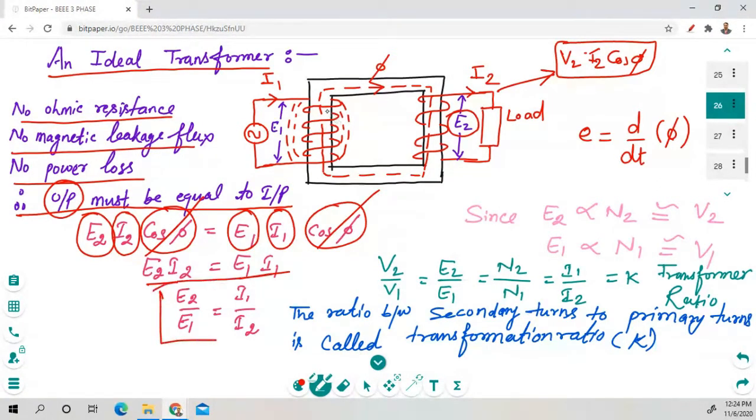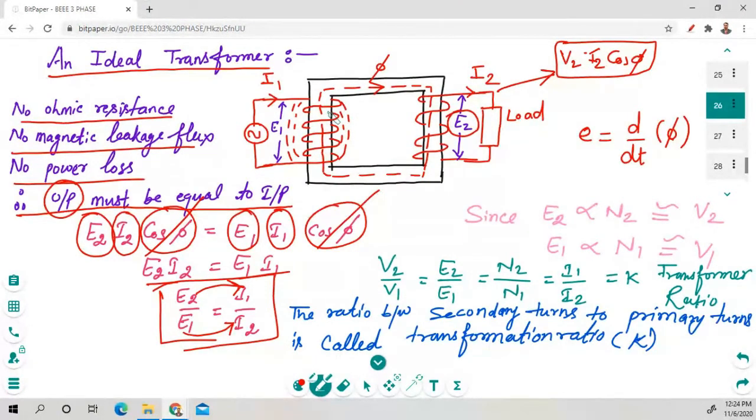The EMF generated across E2 depends upon I1, and the I2 generated in the secondary side will depend upon E1.